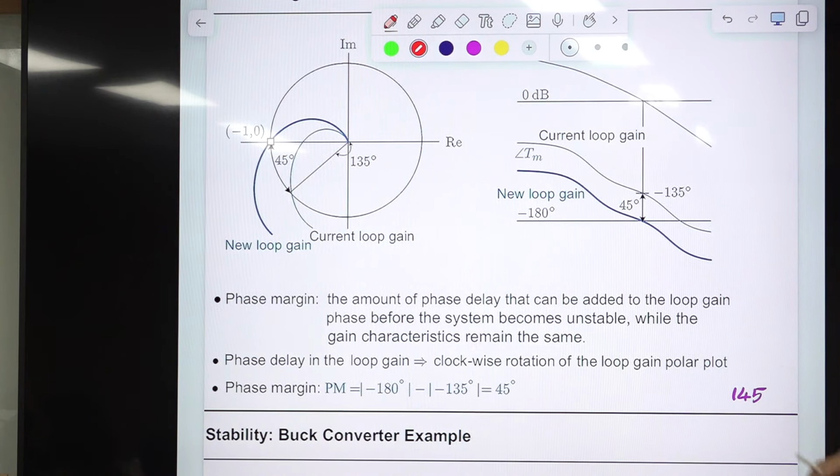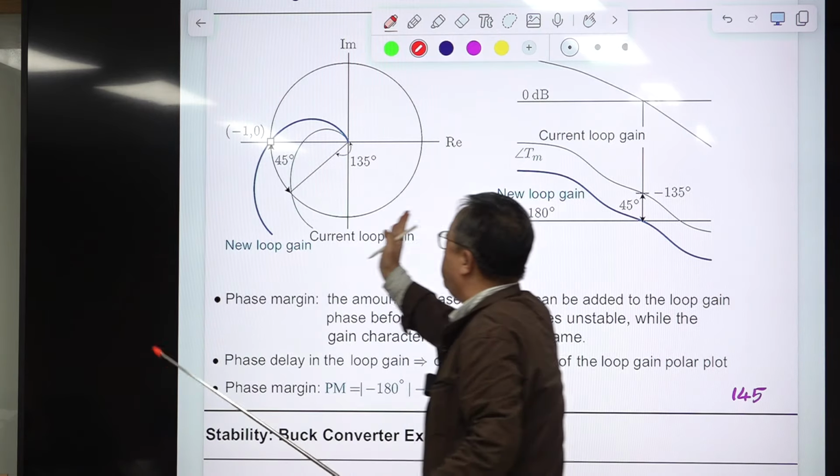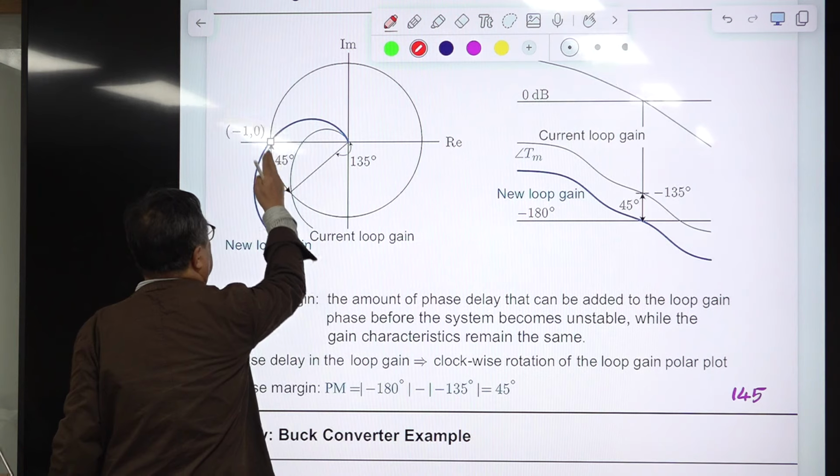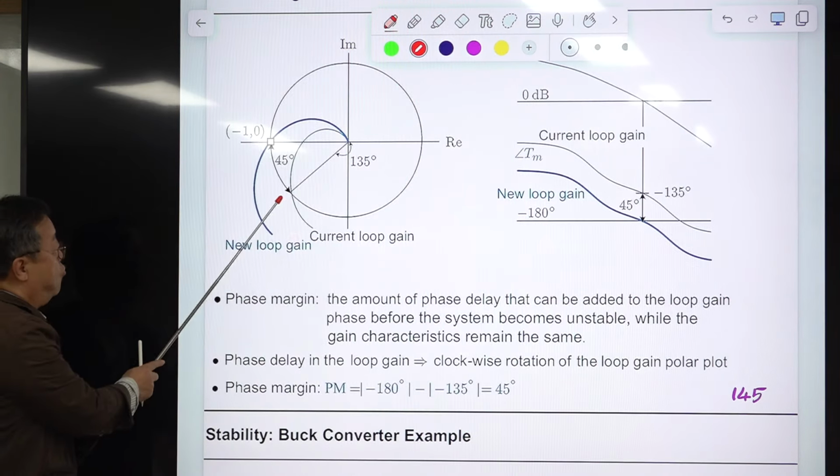When the current phase is delayed 45 degrees further, that is a clockwise rotation of 45 degrees, and the system becomes marginally stable. This is called the phase margin.